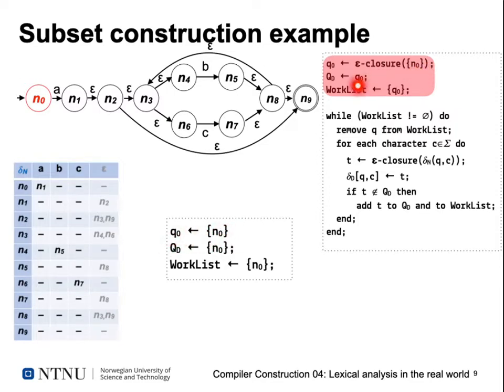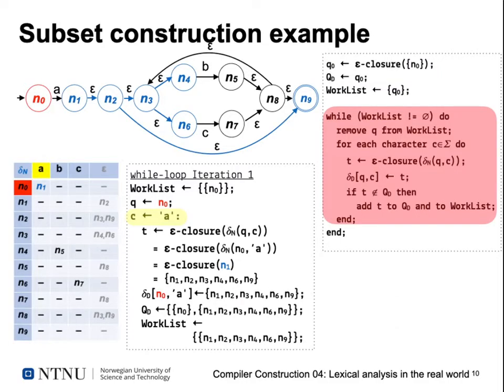In the second step, we just copy this Q0 to our capital letter Q, so it has the same contents, and also add it to our work list. So what we get here is a new transfer function now that starts at a new state. So we go from N0, and we know we read an A, we end up in N1, and we don't know all the other things so far.